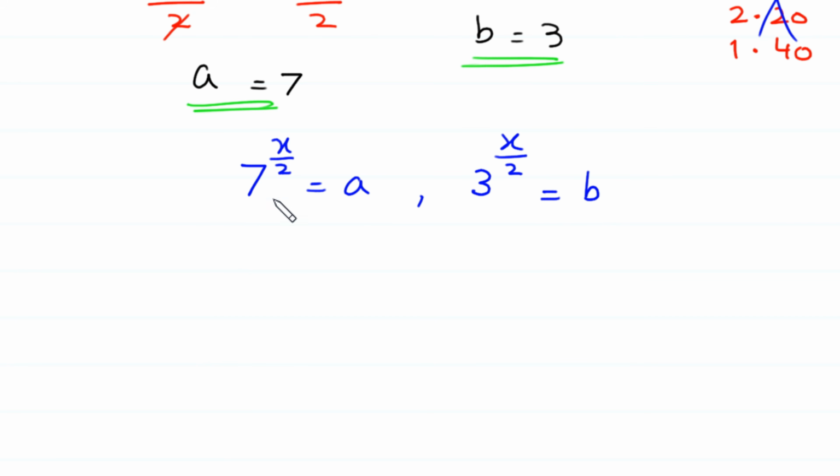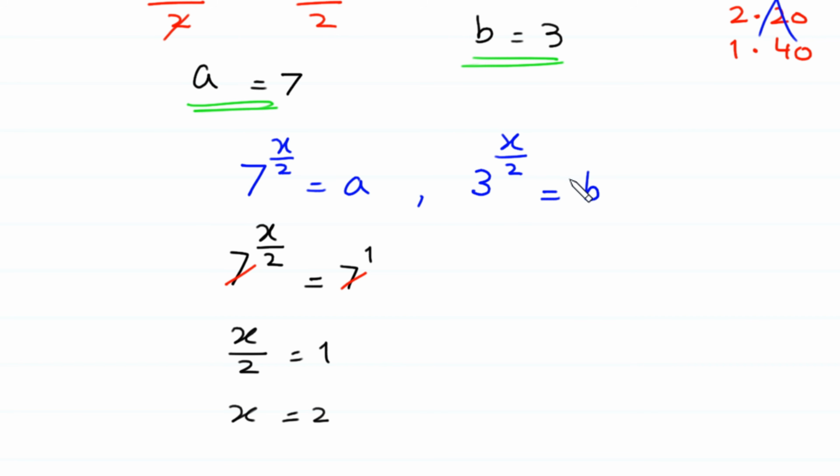Now first we put the value of a 7 in this equation. 7 to the power x over 2 is equal to value of a 7 and this 7 has power 1 here. Now base is same at both sides, so this 7 will be cancelled with this 7 and x over 2 is equal to 1, and if we multiply both sides by 2 we get the value of x 2.